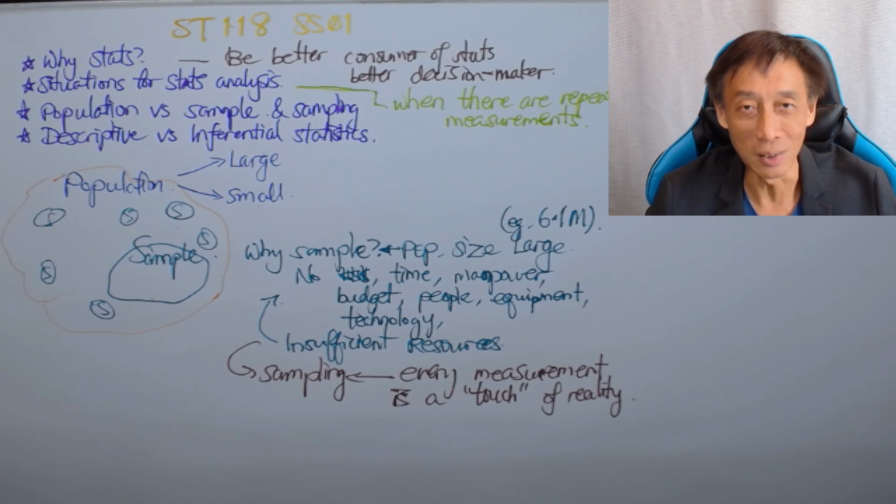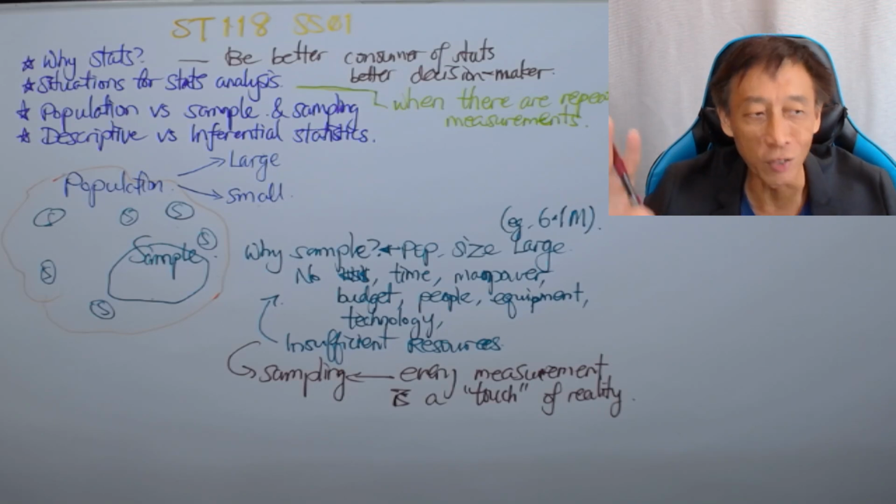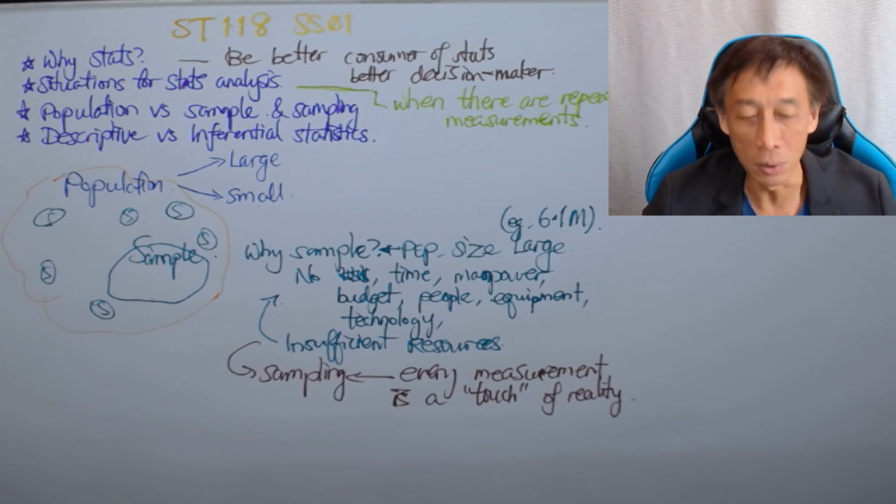Now you know the reality. Reality is such that we have to be humble. We have to scale down our number of touches of reality, and that is what we call the sample size.